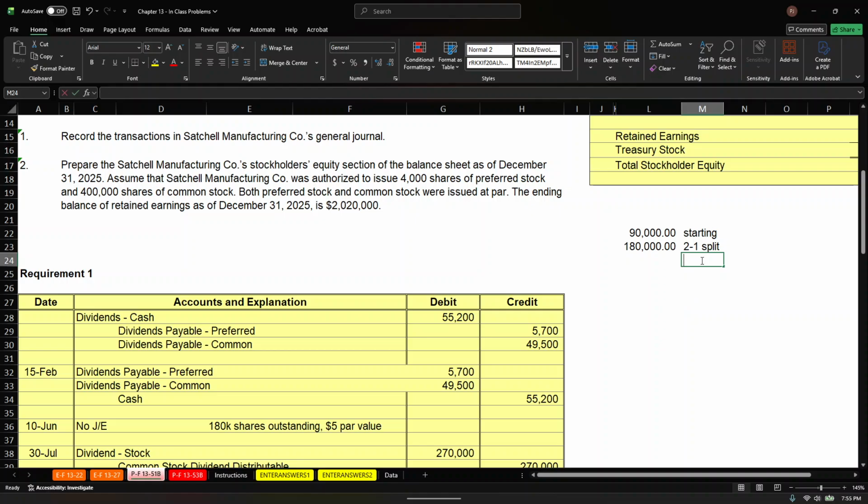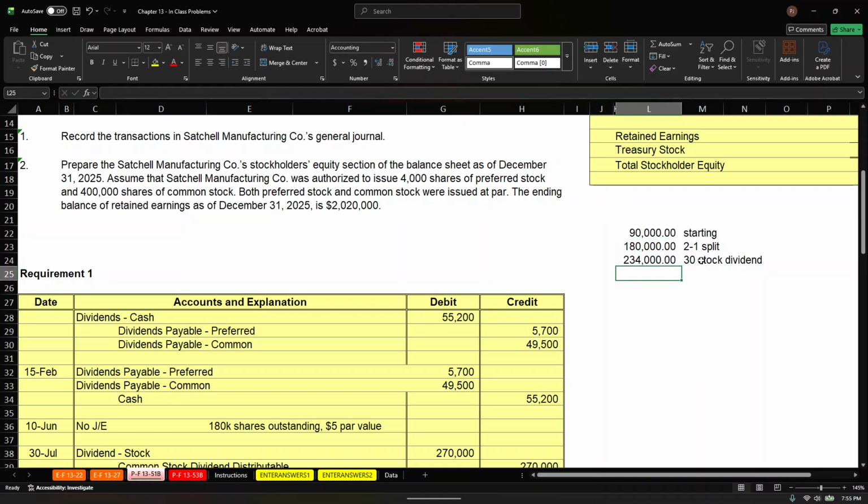Then we had a 30% stock dividend. So I can just do this times 1.3, which gives me 130%, which is just the number of shares outstanding plus the 30% that we're adding.